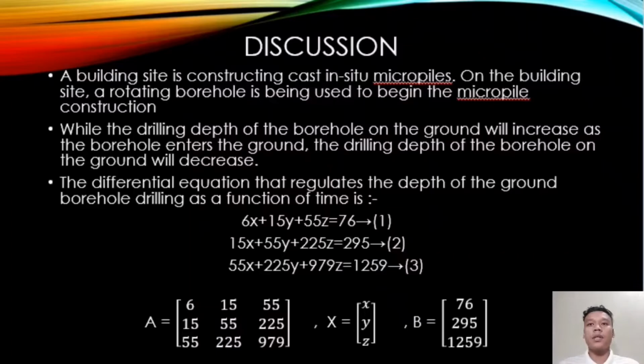The equations that regulate the depth of the ground borehole drilling as a function of time are 6x plus 15y plus 55z equal to 76 for the first equation, 15x plus 55y plus 225z equal to 295 for the second equation, and 55x plus 225y plus 979z equal to 1259 for the third equation. And we can see the matrix form for A, X and B.